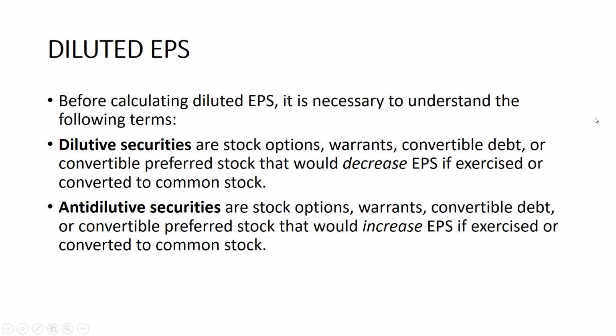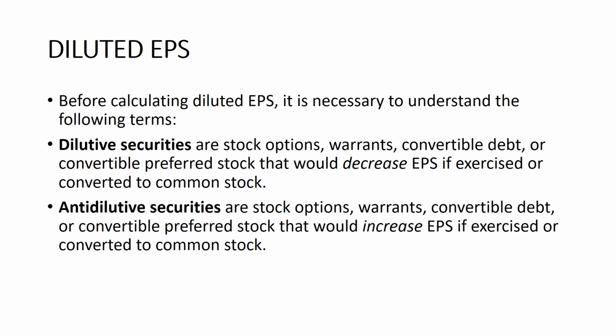Dilutive securities are the stocks, options, convertible debts or convertible preferred stocks that basically reduce the EPS if the options are exercised or if the convertible debt is converted. It reduces the EPS because the number of shares increases. That's why it pushes the EPS downward.